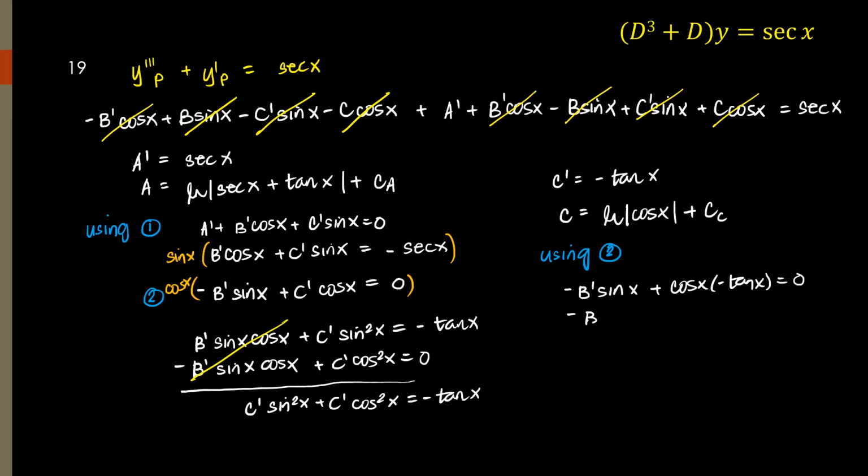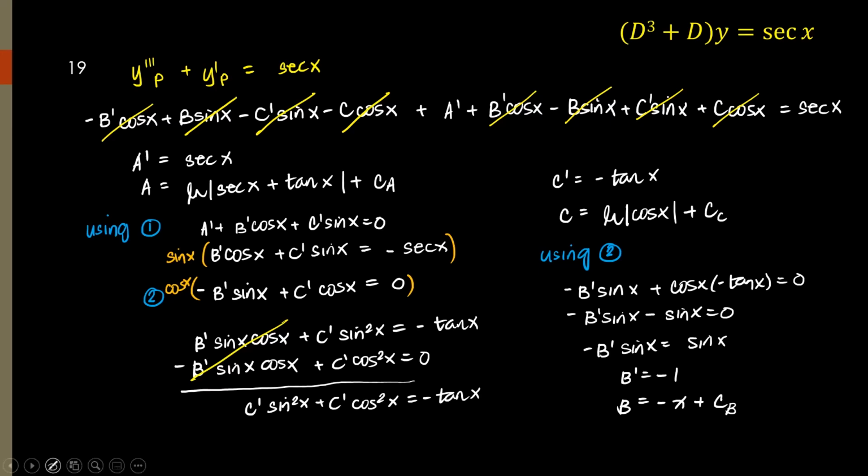So negative b prime sine of x minus this one is sine of x is 0. So negative b prime sine of x is sine of x. So b prime is actually negative 1, or b is negative x plus constant coming from b.